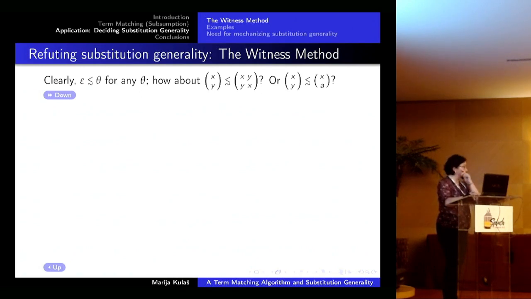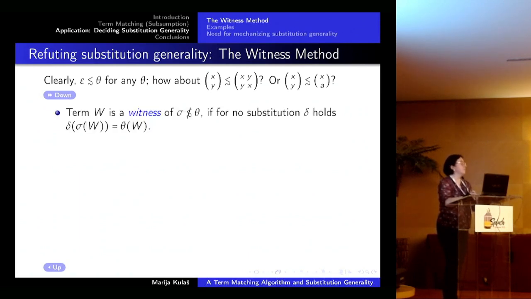Well, renamings are always the most general, so that's the answer, and we will see later that it is also confirmed by the decision procedure.